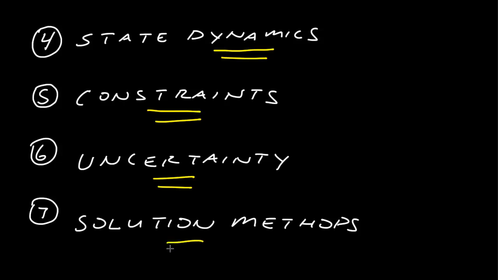Now the last one here is solution methods. And here basically the point is that these problems, again, can be quite complicated and quite complex, right? So we might have multiple objectives with multiple options and many different variables that we're trying to measure, complicated state dynamics, different constraints, a variety of uncertainties in our variables, and so the old pen and paper method just becomes very challenging and really difficult.